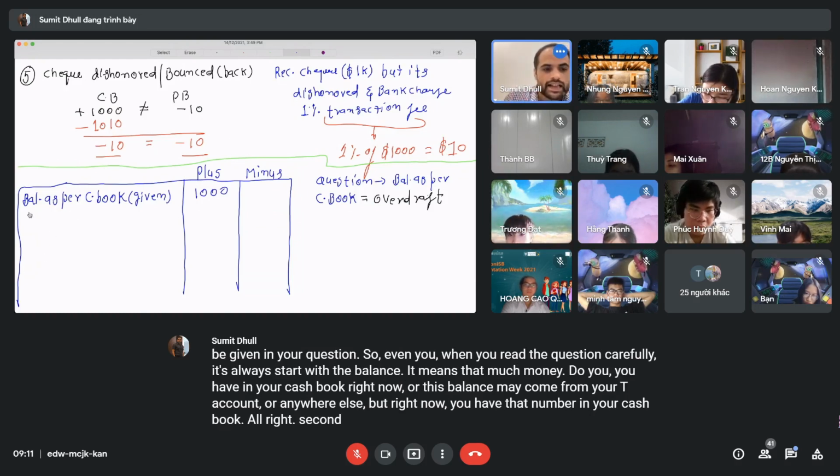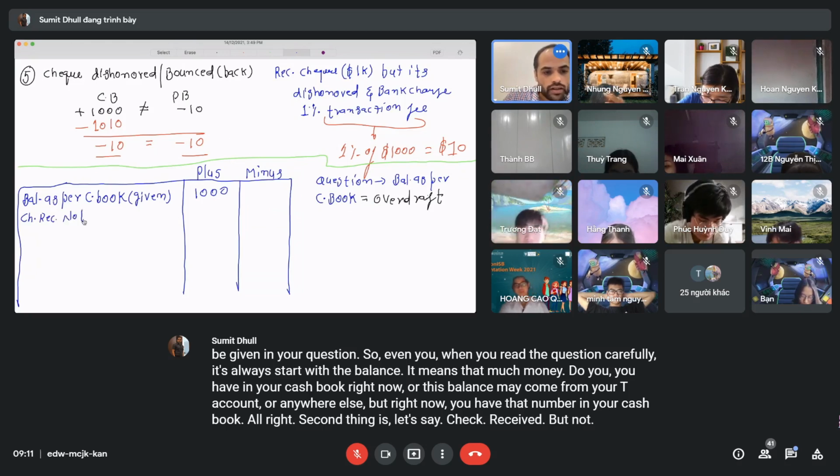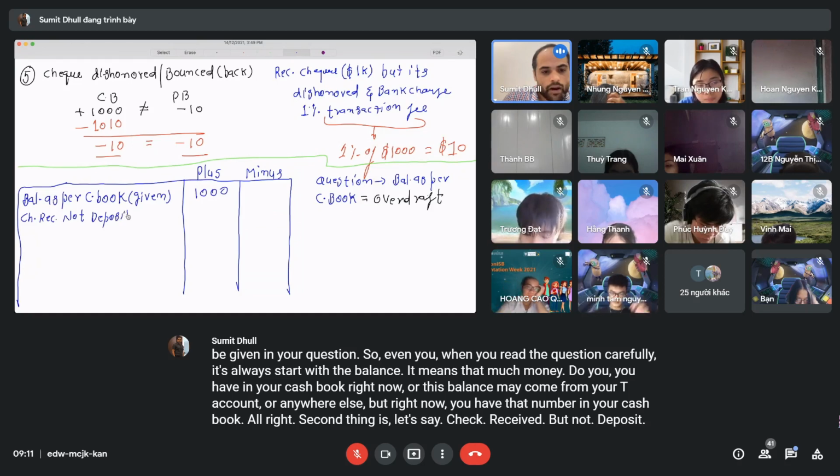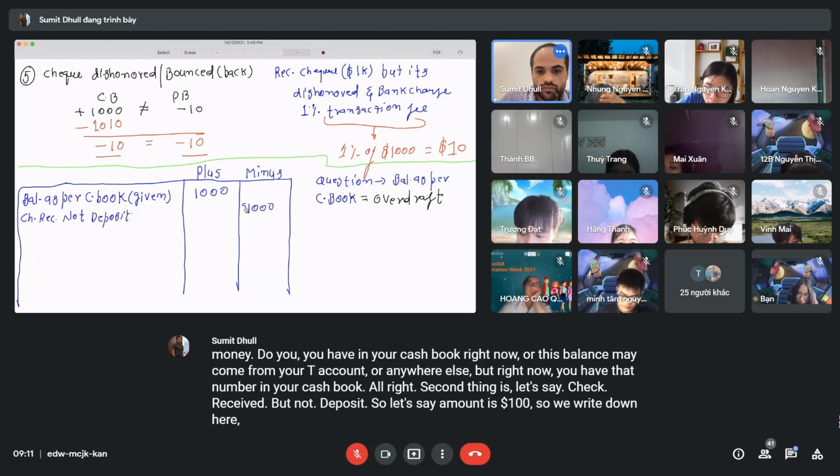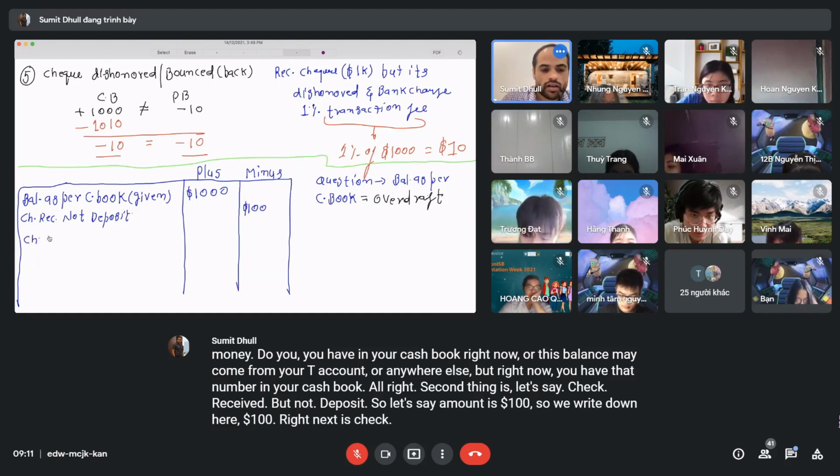And the second thing is, let's say, check received but not deposited. Let's say the amount is $100. So we write down here $100. All right. Next is check issued, not presented for payment.